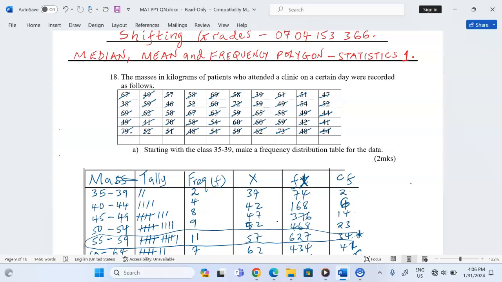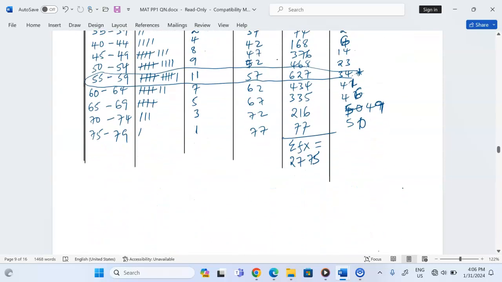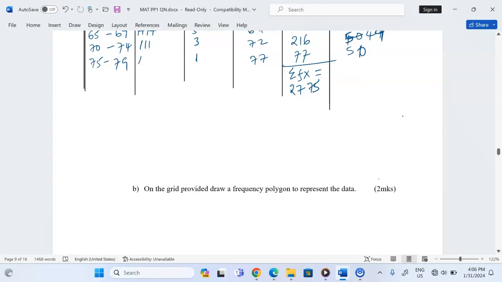So, for purposes of your recall, for a frequency polygon, according to part C here, on the grid provided, draw a frequency polygon to represent the data.